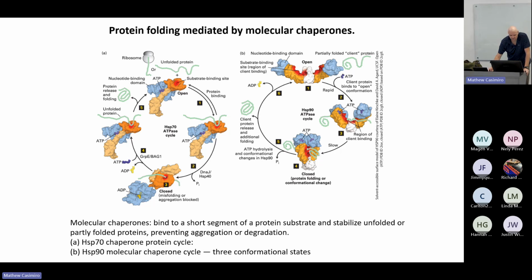Oh, good morning, by the way. I don't understand why it looks good on the slide, and then when I put it into Teams, it looks terrible.